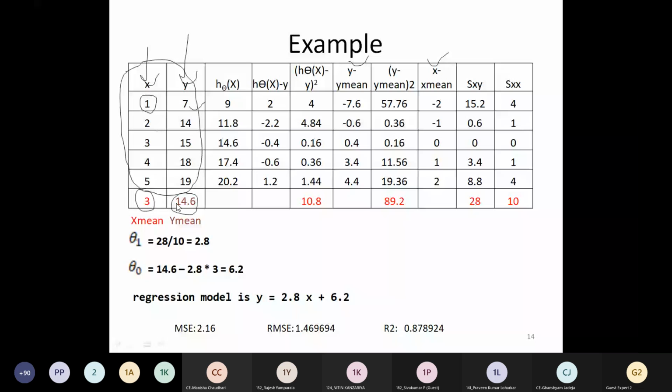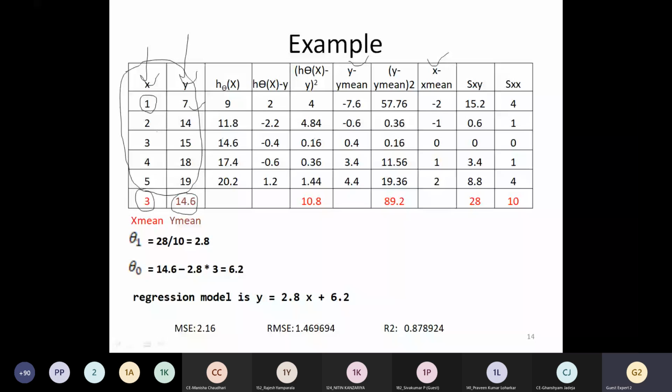Then for theta 1, the numerator is y minus y mean into x minus x mean. That is sxy. I have multiplied this column with this column.